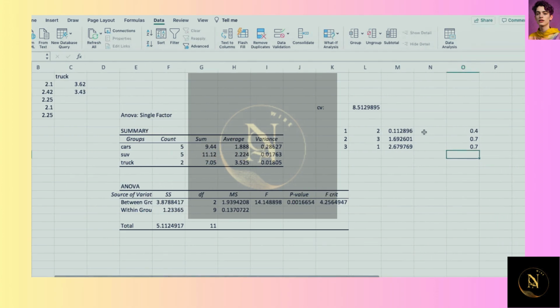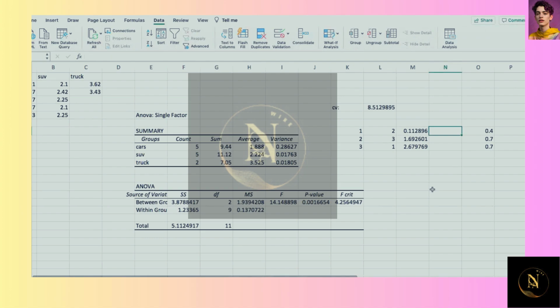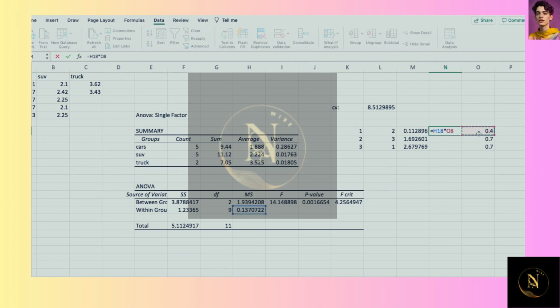Next thing we're going to do is take our mean square within group and multiply it by that value we just calculated. And then now we can calculate our test statistic really easily.